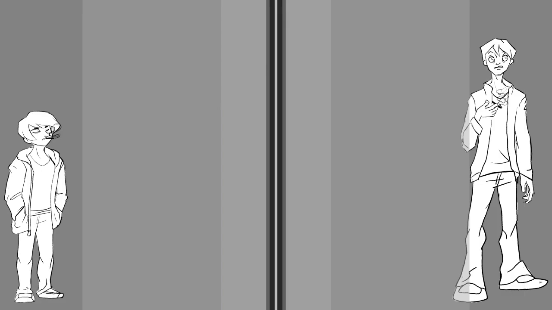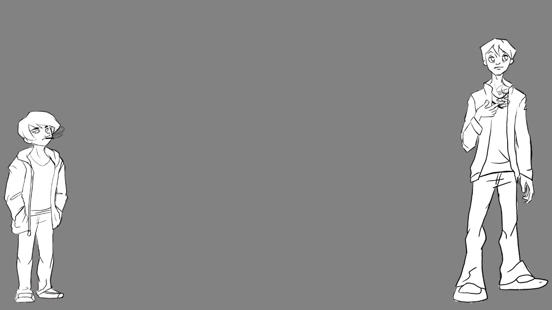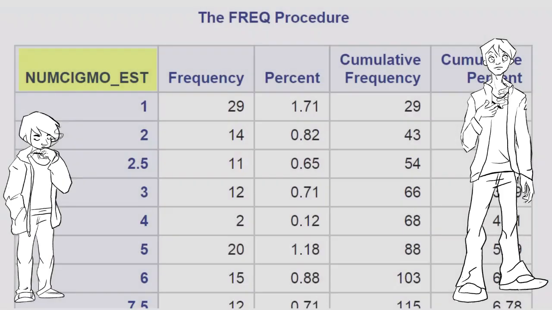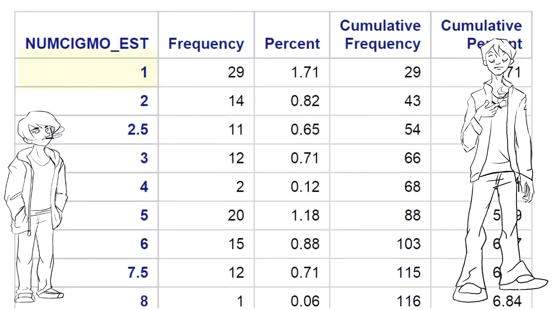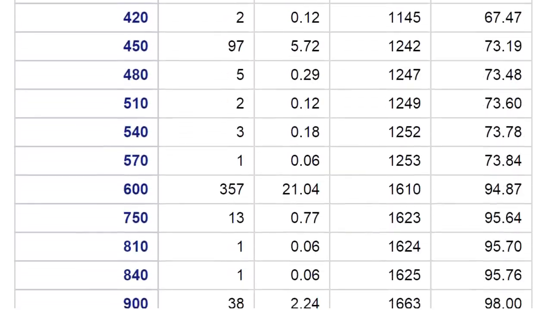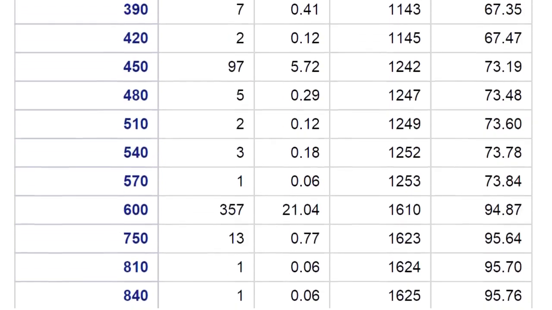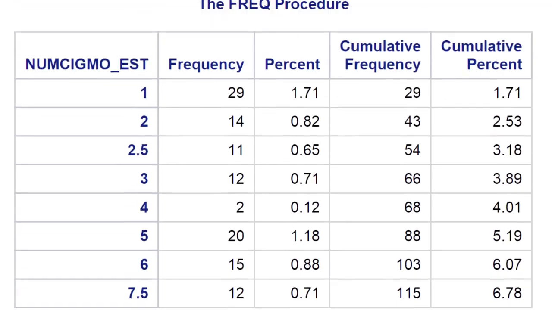To convert a quantitative variable into a categorical variable, we begin by looking at the frequency table for the explanatory variable, number of cigarettes smoked per month. We could use the cumulative percent column to make decisions about grouping individuals into quartiles, roughly 4 equal groups in size, or even quintiles, 5 equal groups in size.